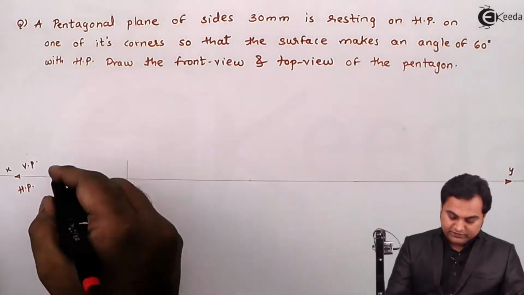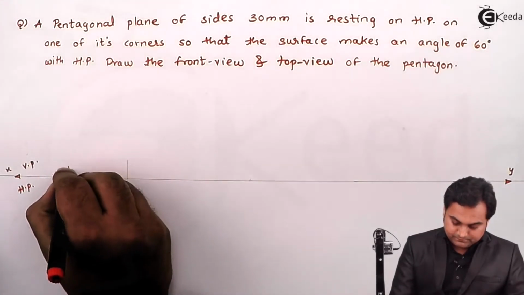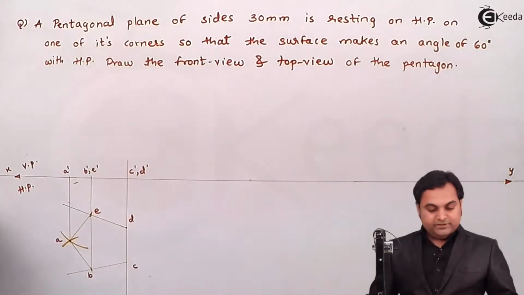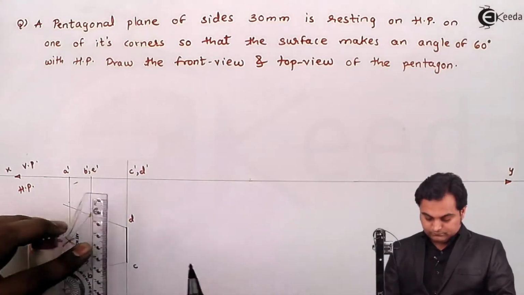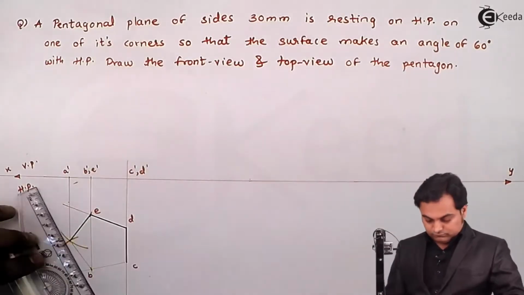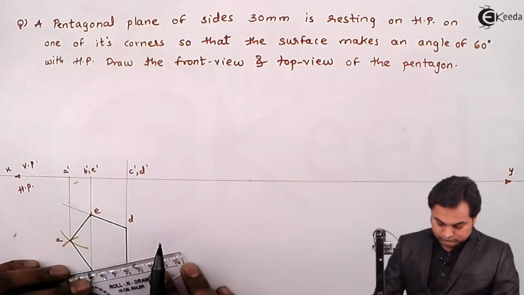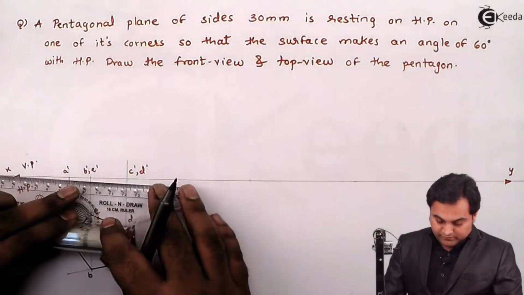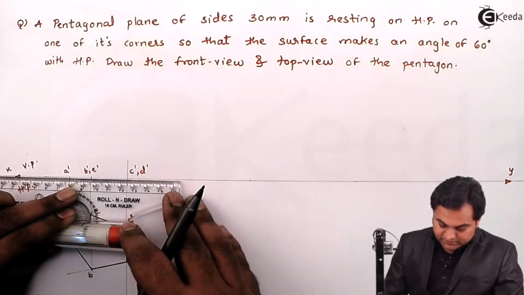When we are looking from front, it will appear as a line. I'll make it dark. So this is the pentagonal plane. Then when we are looking from front, it appears as a line.